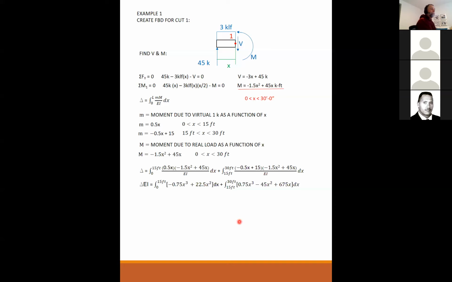So now what I've done is I have this function times this function times this function. I multiplied the two together and simplified. From 0 to 15 feet, I have to integrate this expression. From 15 to 30 feet, I have to integrate this expression.